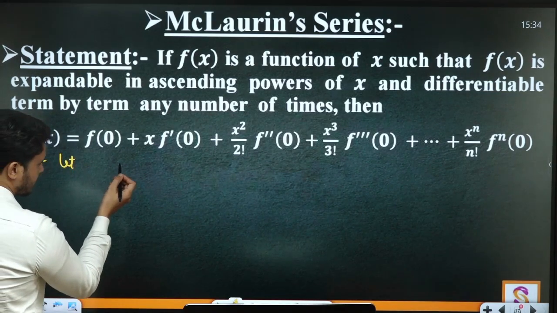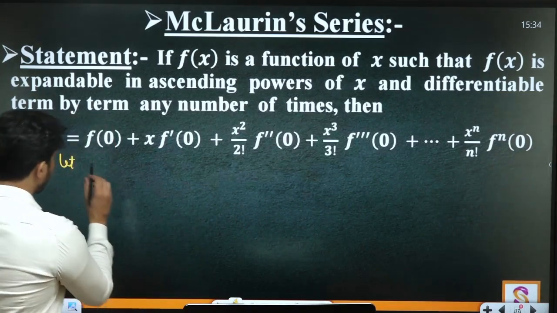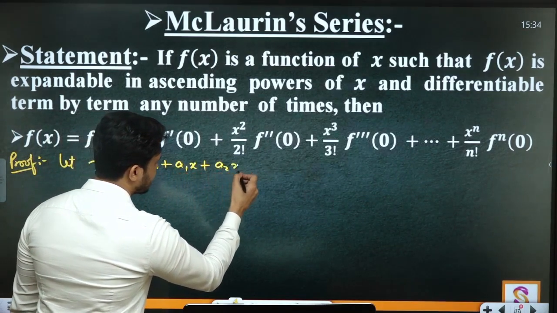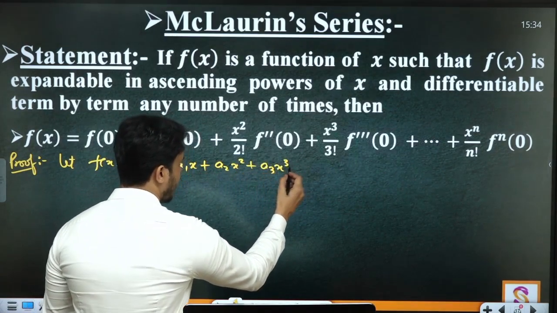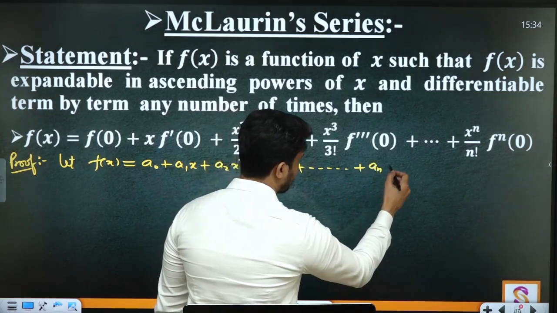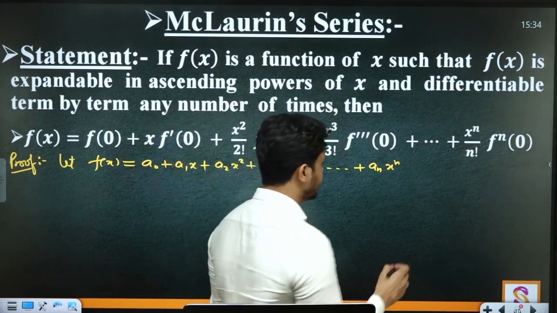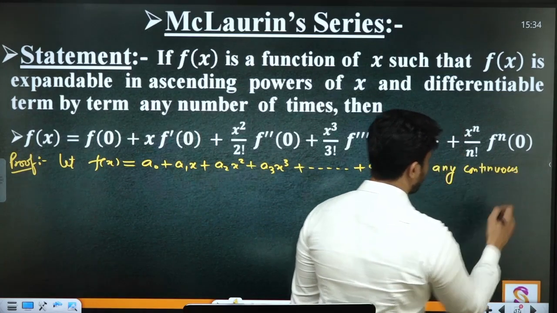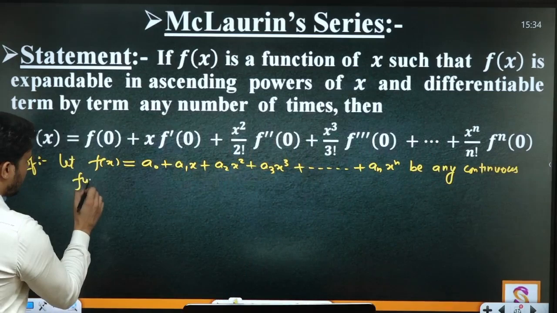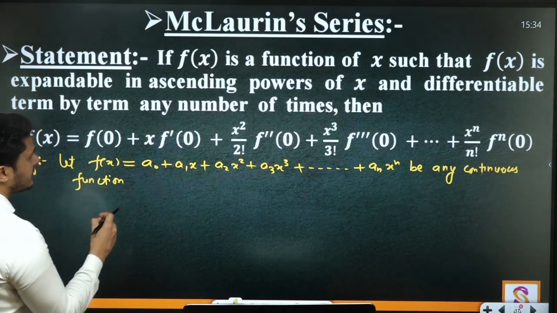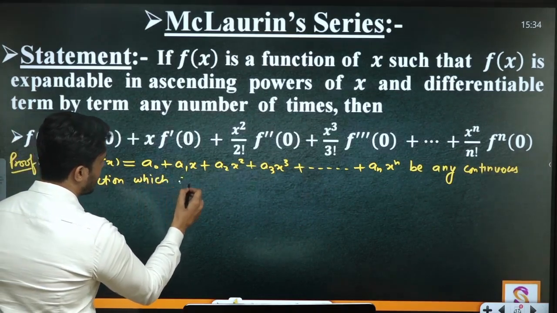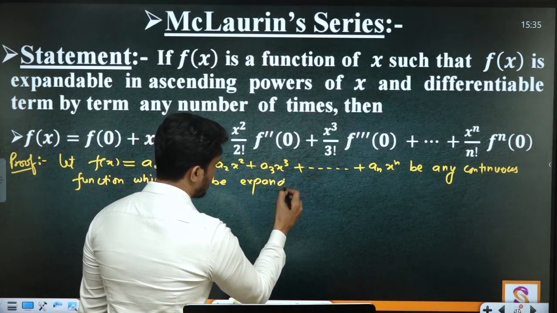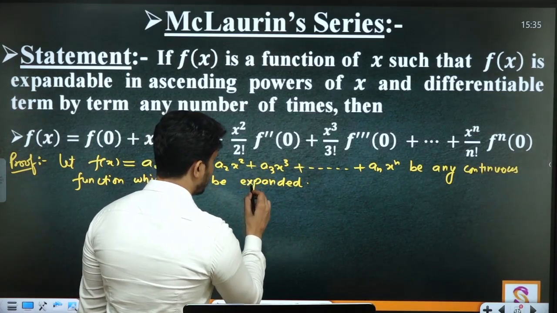Let any function, means f(x) of any kind, like f(x) equal to a0 plus a1 x plus a2 x square plus a3 x cube and so on, up to an x to the power n, be any continuous function which can be expanded, okay, जिसको expand किया जा सकता है. This is the criteria which can be expanded.